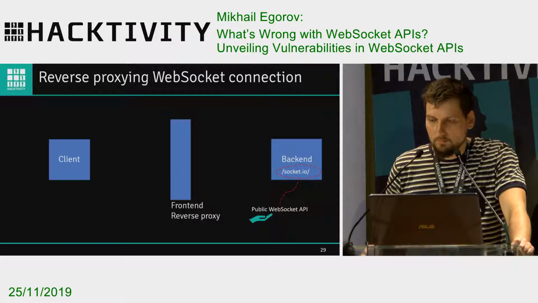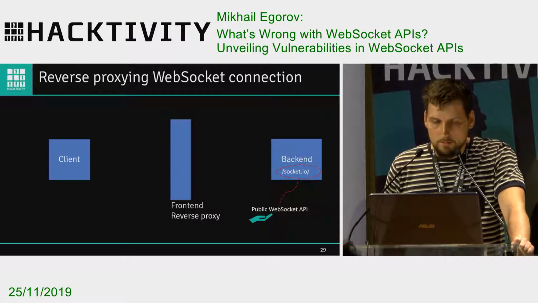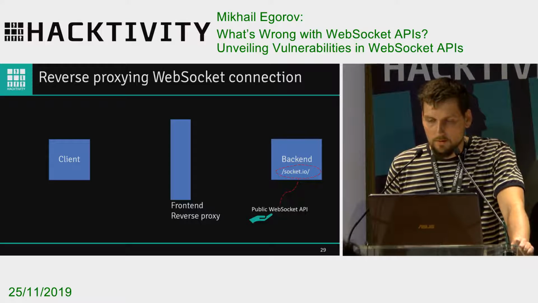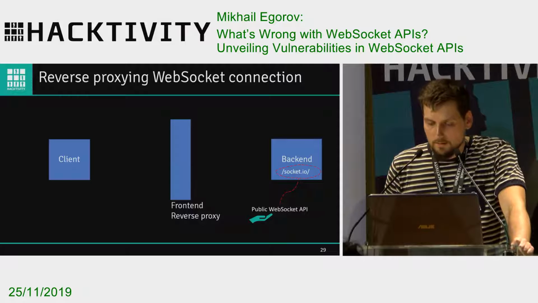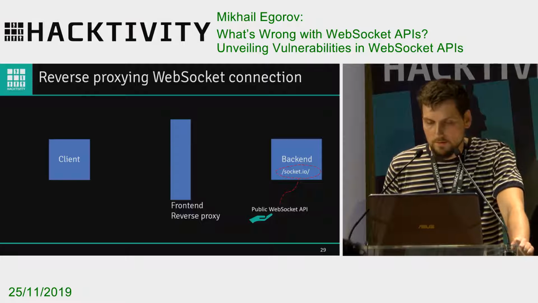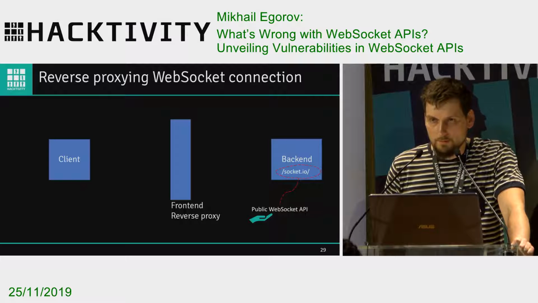In the ideal world, we have a backend that exposes some WebSocket API on the path /socket.io, and the client accesses the API through a reverse proxy. For example, we use Nginx as the front end and the WebSocket proxy.